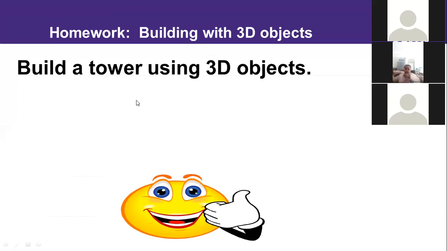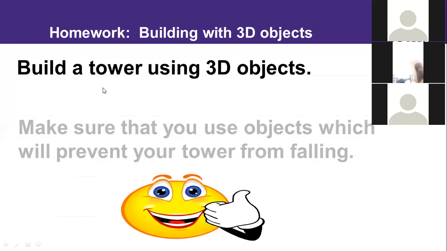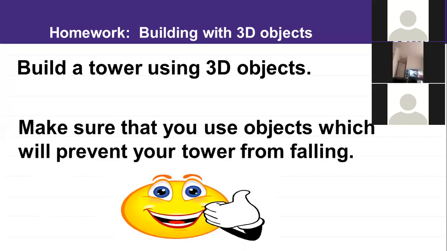So I want you in your homework to build a tower for me using 3D shapes of your choice. You can either draw them or you can cut and paste pictures of 3D objects and build a tower for me.